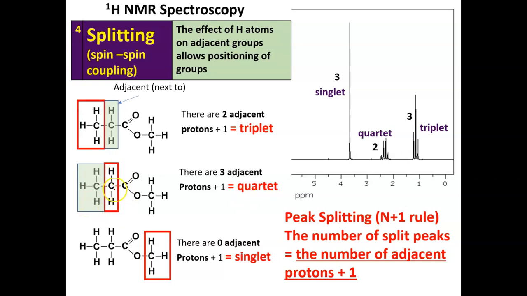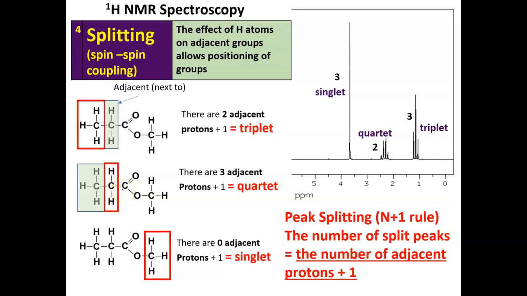If we move down to look at our methylene group, and of course from the spectrum, we can see it's a quartet. Why? Well, of course, if we look to the left of our methylene group in the green box, there are 3 protons. Plus 1 makes a quartet. On the other side is a carbonyl carbon.